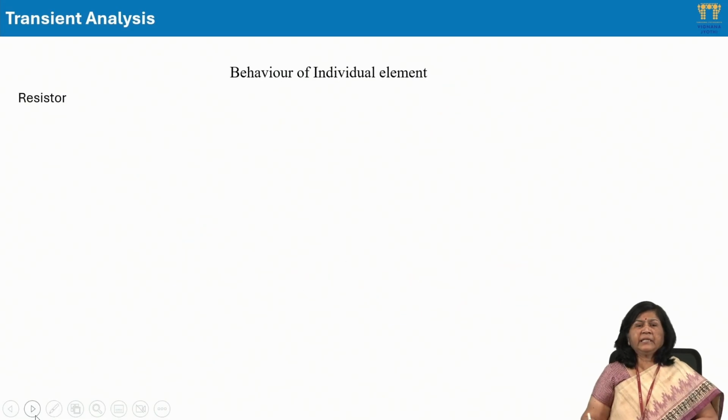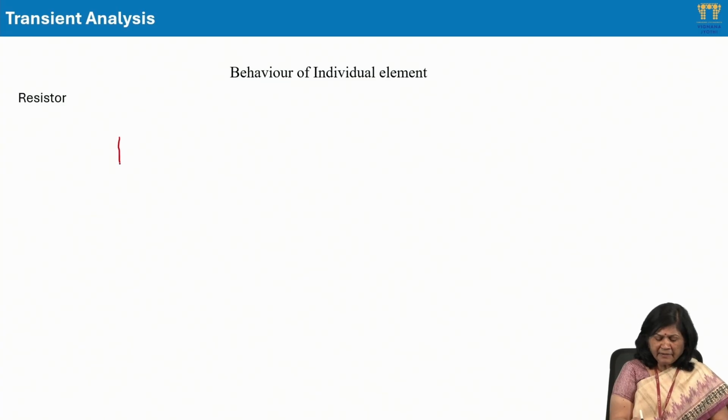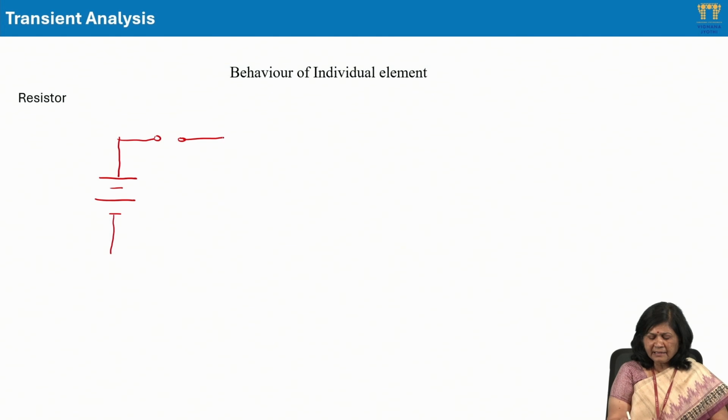Now before we go to the detailed study of transient analysis, we need to understand the behavior of individual elements in the circuit. First, let us take the resistor. As we have discussed, resistors don't respond to transient. So we'll take a small circuit along with the switch. Let this be a resistive circuit. At T equal to 0, the switch is closed.